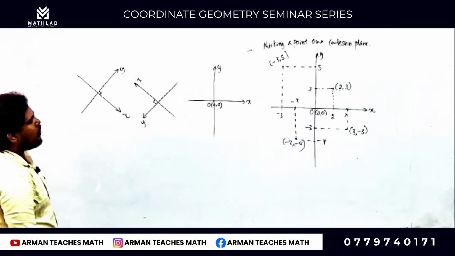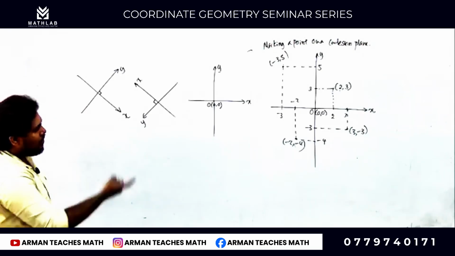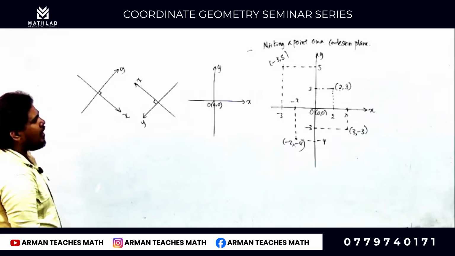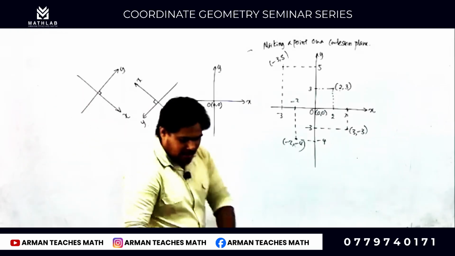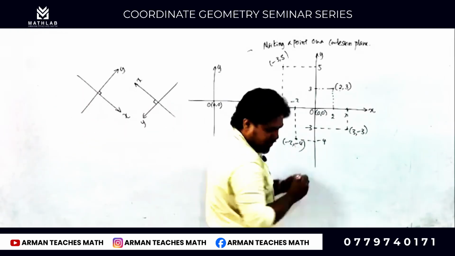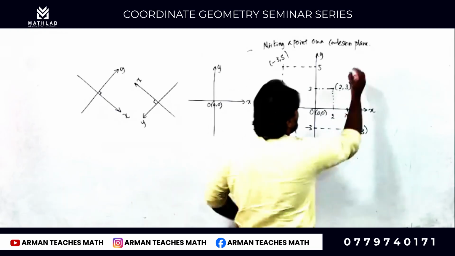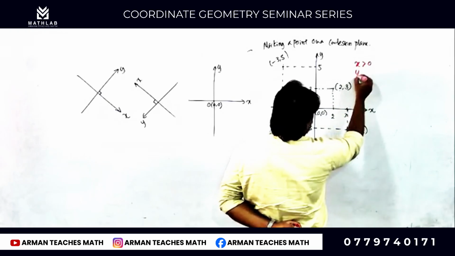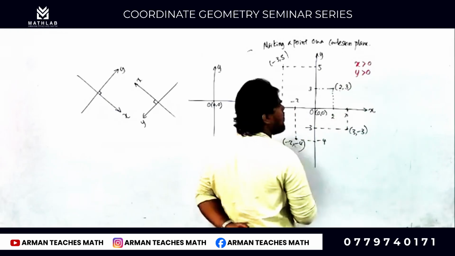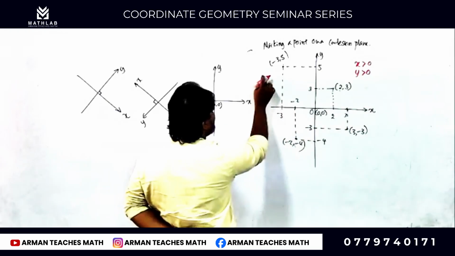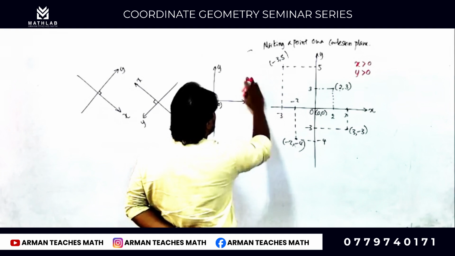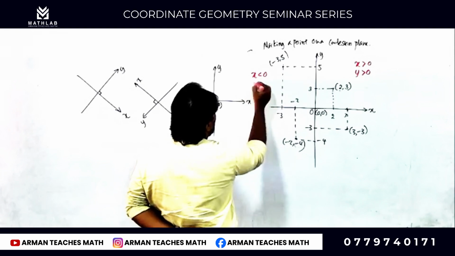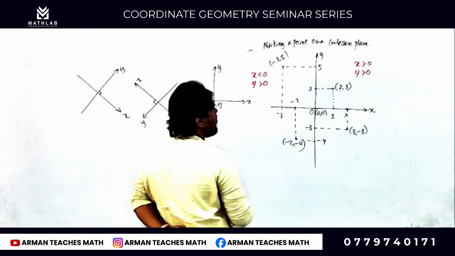I just wanted to show you the quadrants and the 4 sections that we have. In this section, x coordinates are positive and y coordinates are positive. In this region, x coordinates are negative and y coordinates are positive.